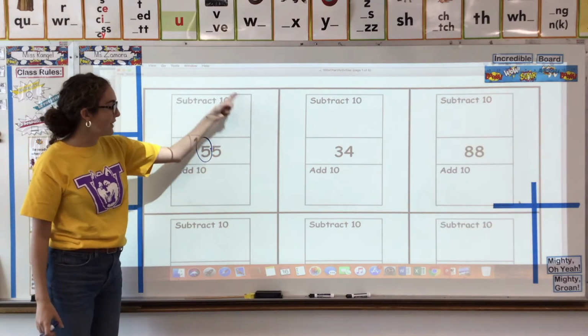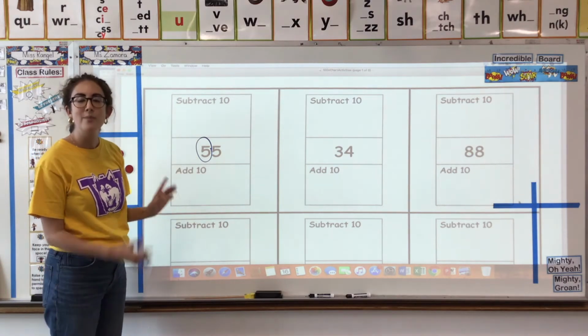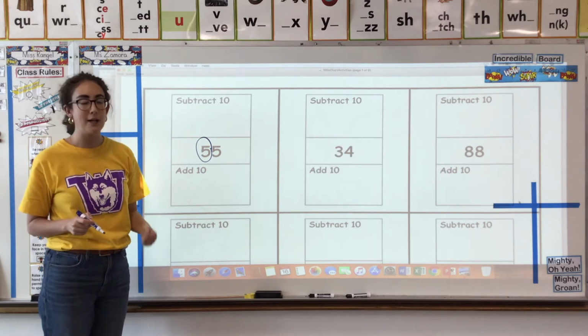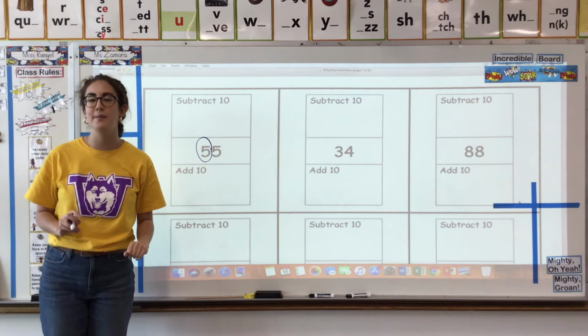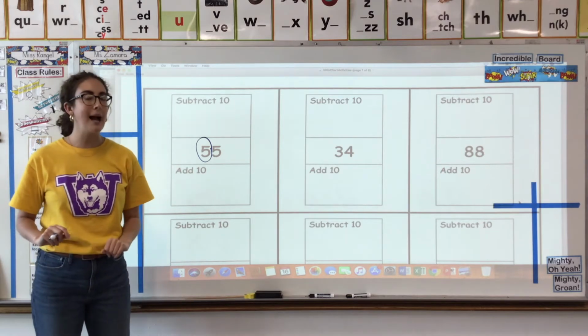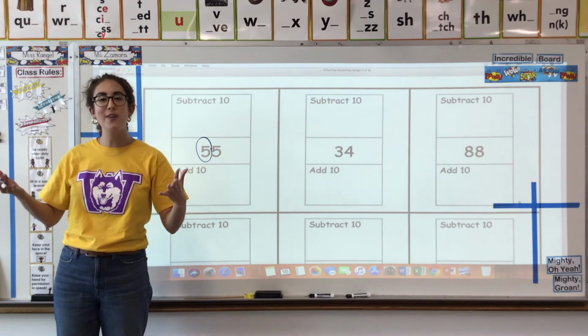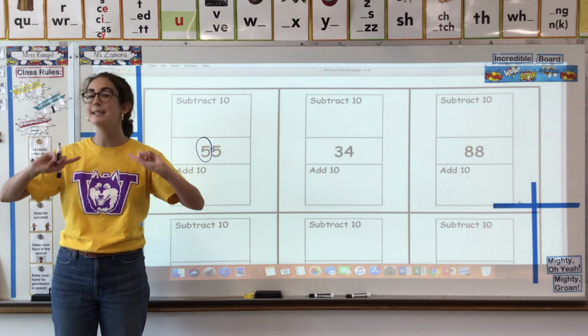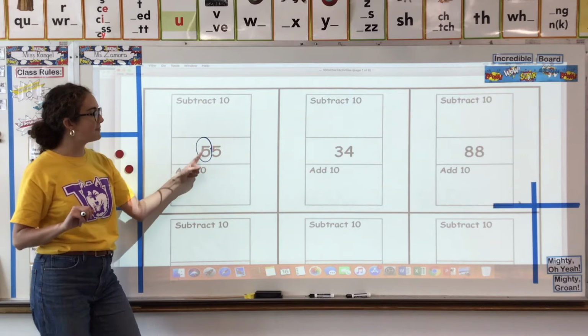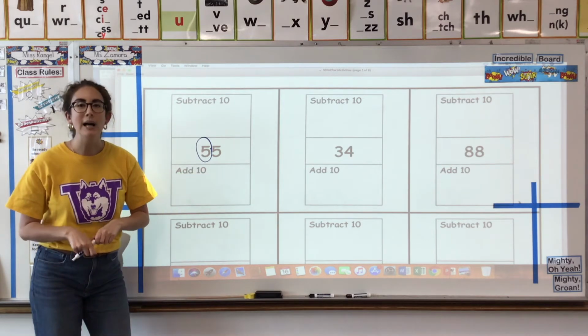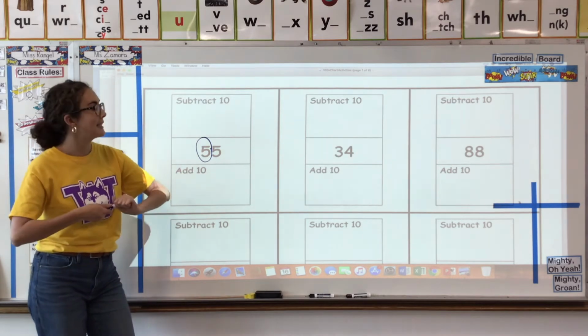So let's see, we're going to fill in all these boxes and they're going to make a skip counting pattern. So first up we have subtract 10. If we're going to subtract 10, we're going to find the number that's 10 less. So super scholars, we've got 5 tens. What number would be 10 less?